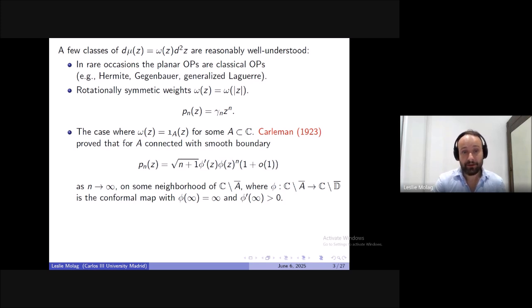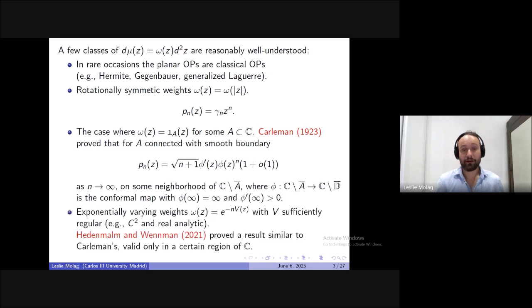Now, more relating to what I will discuss is a different type of planar orthogonality. Here we consider exponentially varying weights. They have the form e to the minus n V. Usually we call V the potential, and we assume that this V is sufficiently regular. Usually we assume that it's C2 and real analytic.